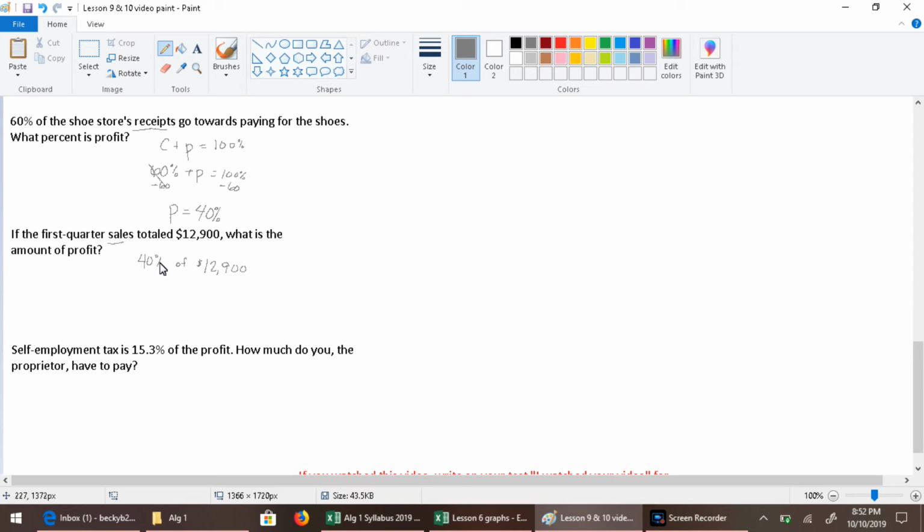When we're working with percents, remember that we can change it to a decimal, 0.4 is 40%, and then of this much would be to multiply by 12,900. So that would be your answer on this one. You would get $5,160.